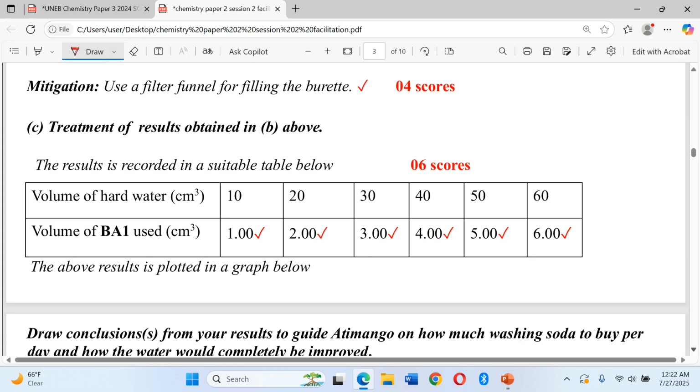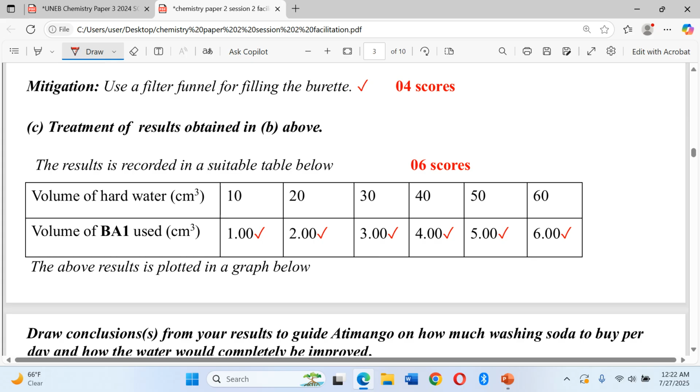Now, treatment of results obtained in B. So that is our question part C. We draw our table. The volume of hard water, you recall we have been looking at it, 10 cubic centimeters, 20, 30, 40, 50, 60. Those are 6 intervals that we have done.